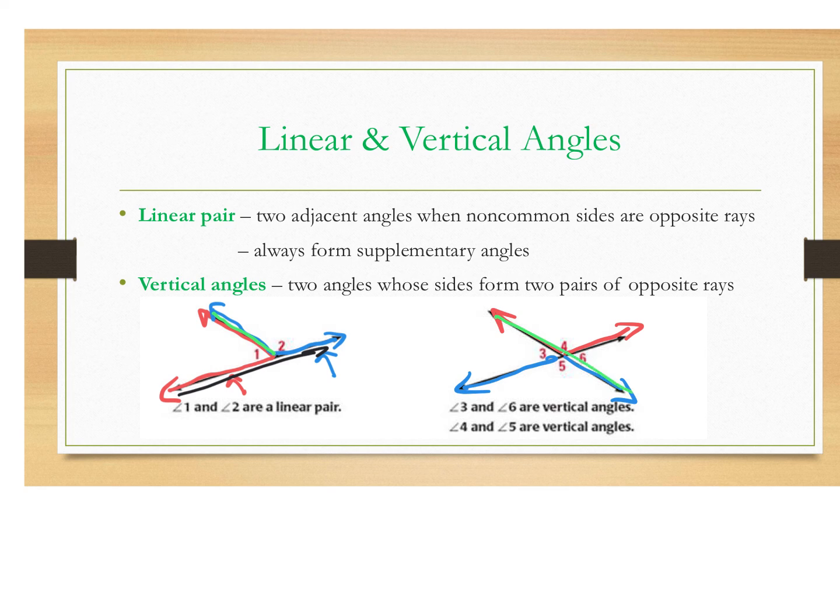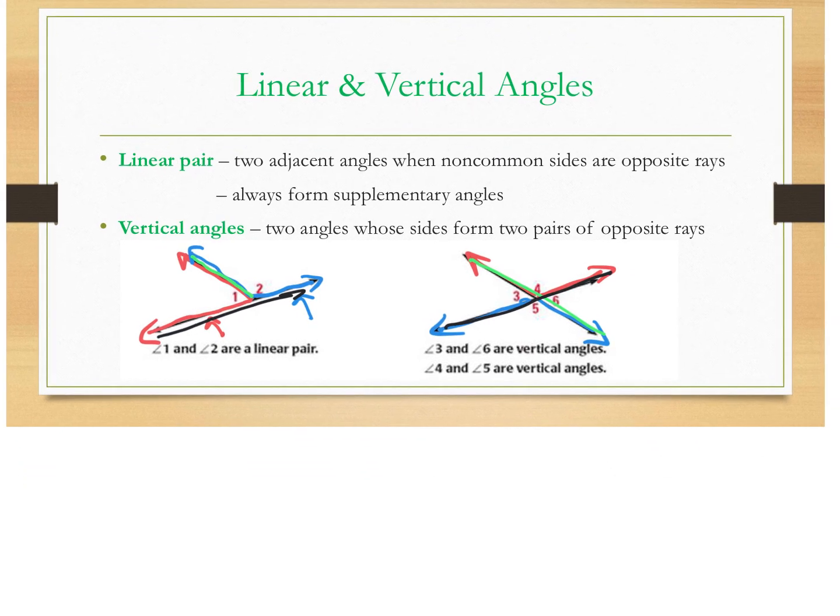Here's one, and then here's the other. So what we're going to learn also coming up is that vertical angles are congruent. So this angle, angle 4, is going to be congruent to angle 5, and then angle 3 is going to be congruent to angle 4, but this is coming up later on.